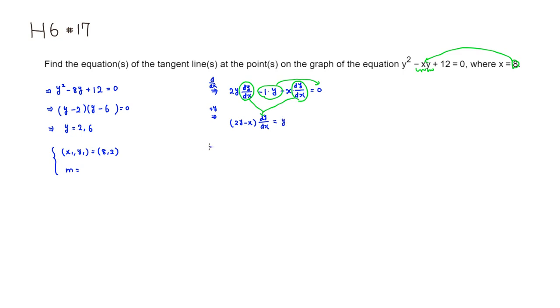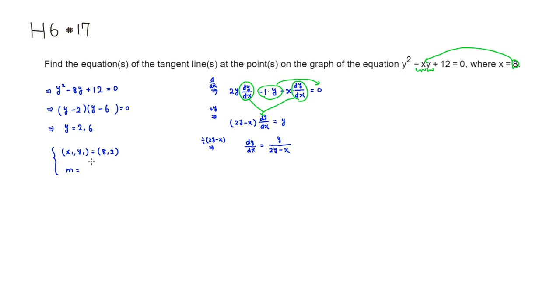Then we can isolate dy over dx, divide through by 2y minus x. So we have dy over dx is equal to y over 2y minus x.